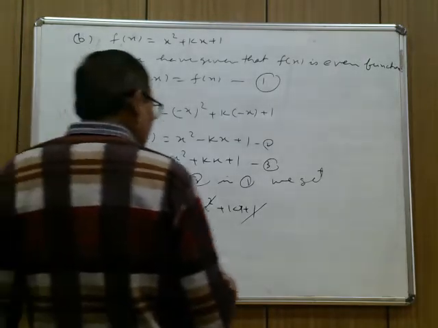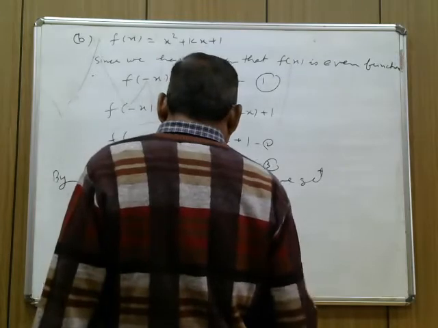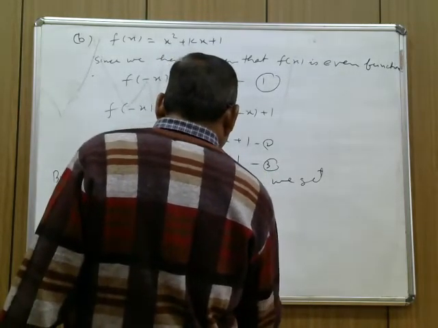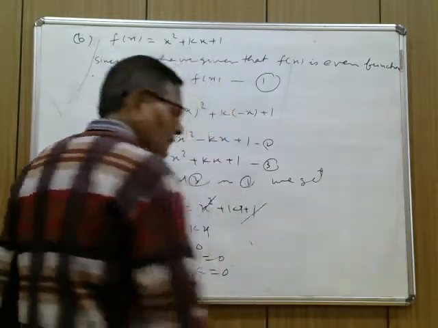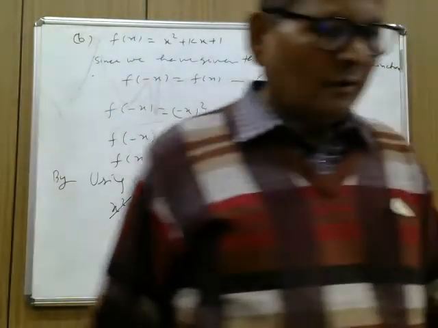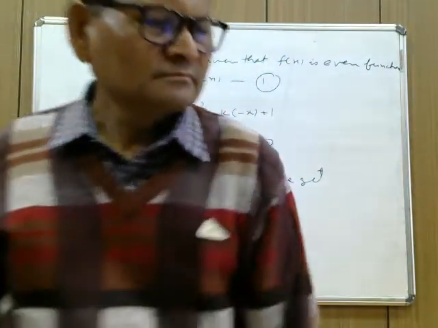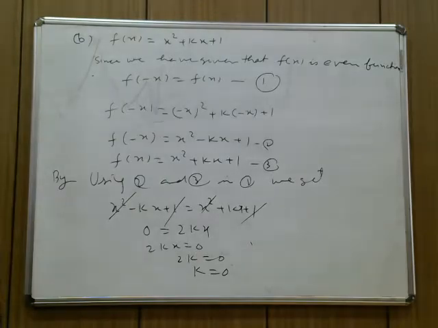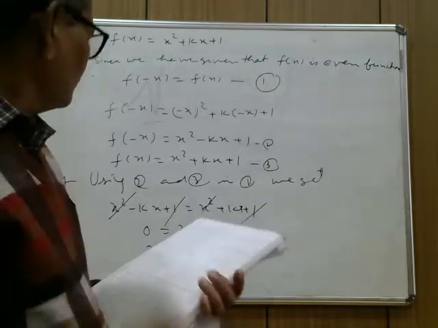Since we have given that x is any real number, 2k is 0, so it implies that k is 0. So in this way you can obtain the value of k. Your k is 0.